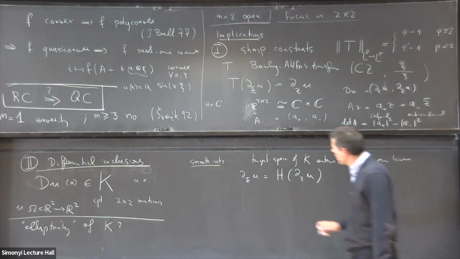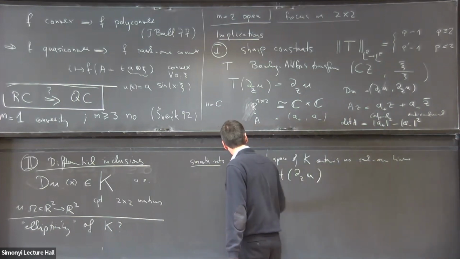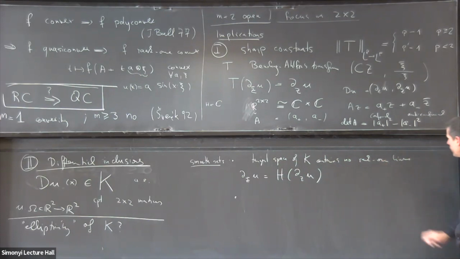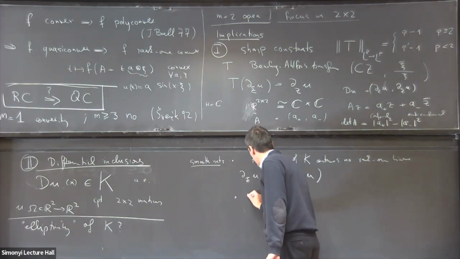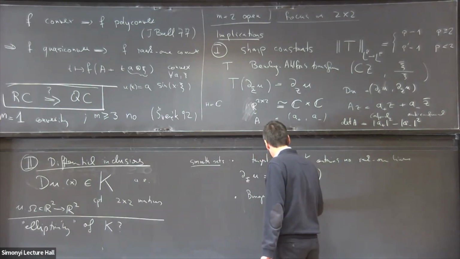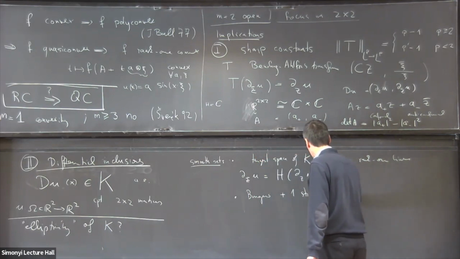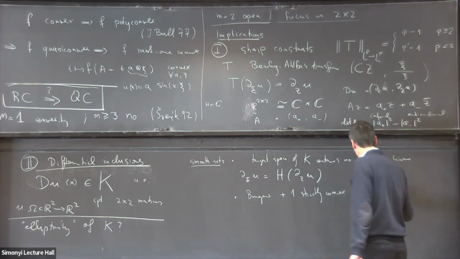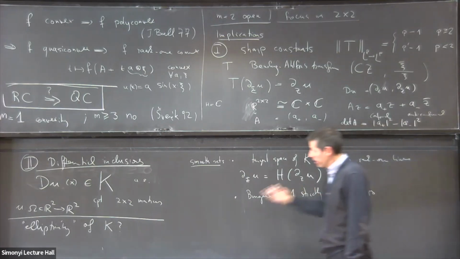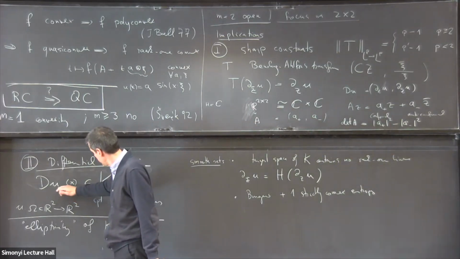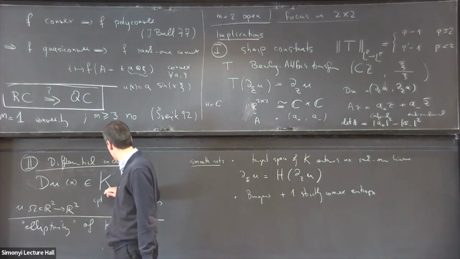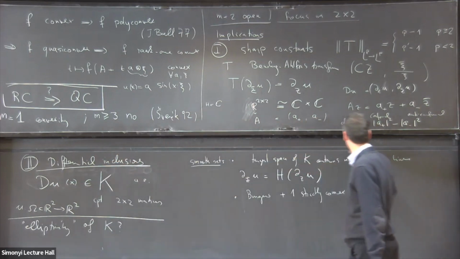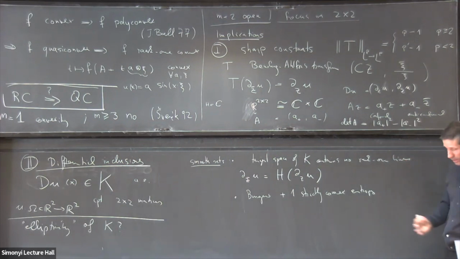And more generally, even if the tangent space does contain rank 1 lines, such as if you think of Burgers' equation plus one strictly convex entropy, you can also write the system as an inclusion of this type, with a K whose tangent space does contain rank 1 lines, but K itself does not contain any rank 1 connections.